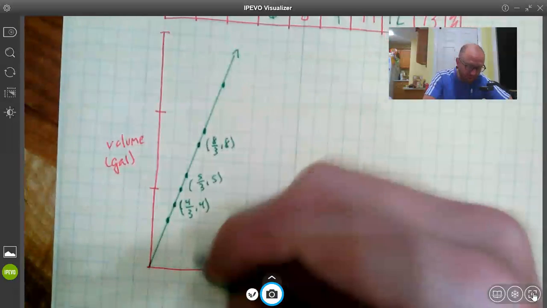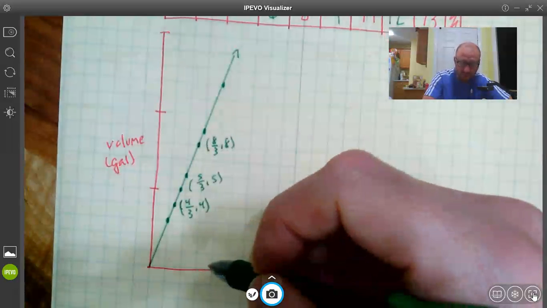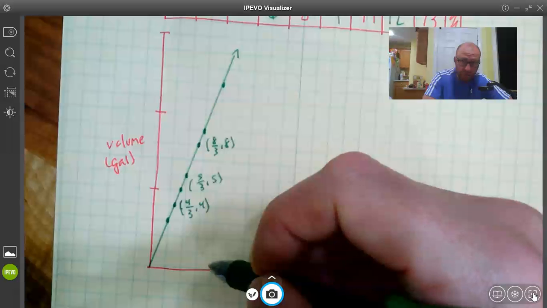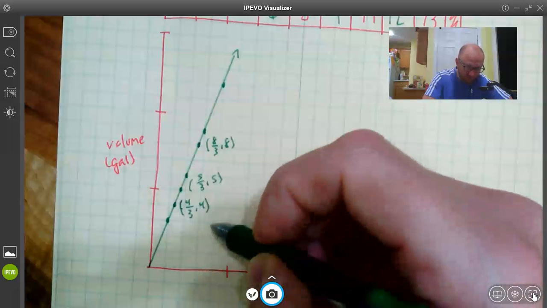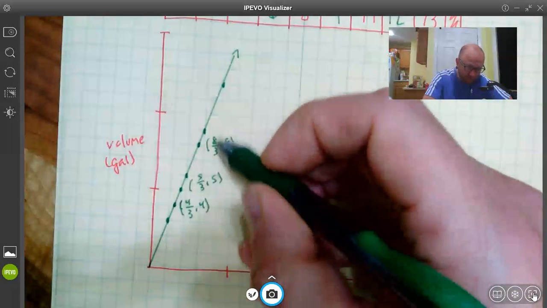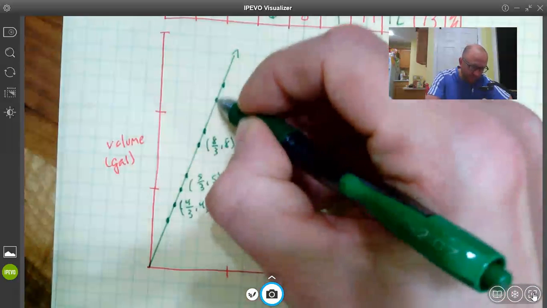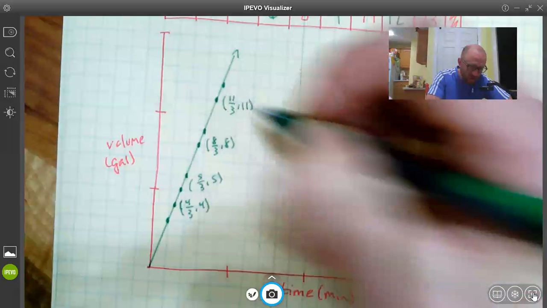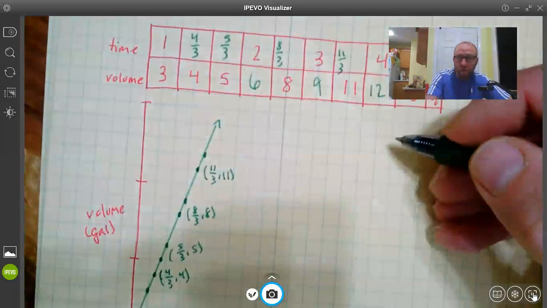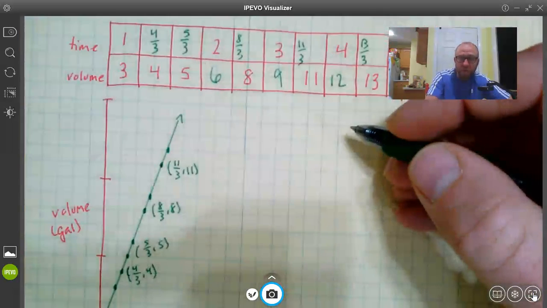What else do we have? 11 thirds and 11. So 11 thirds is, let's see, 3 and 2 thirds. So 1, 2, 3, and then 2 thirds. 1, 2, 3, 4, 5, 6, 7, 8, 9, 10, 11. So 11 thirds, 11. And we had one more. 13 thirds and 13.